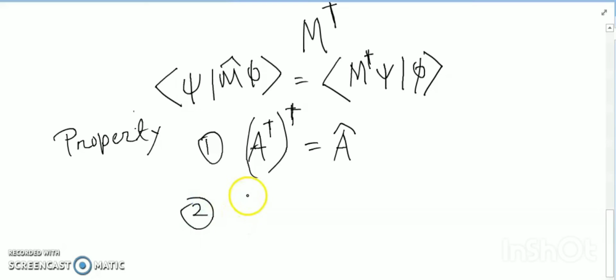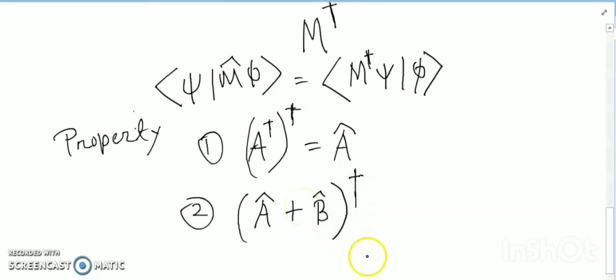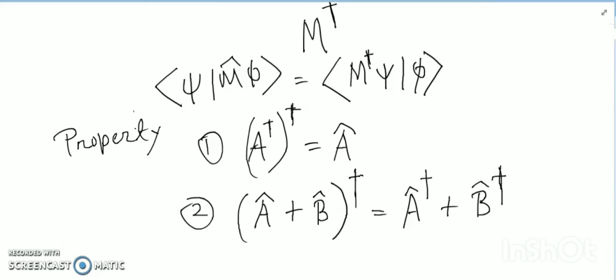Number two, the Hermitian adjoint of a sum is the sum of the Hermitian adjoints.